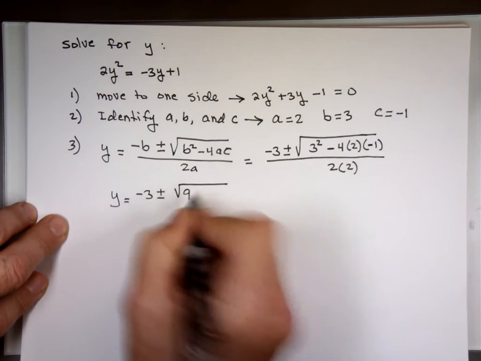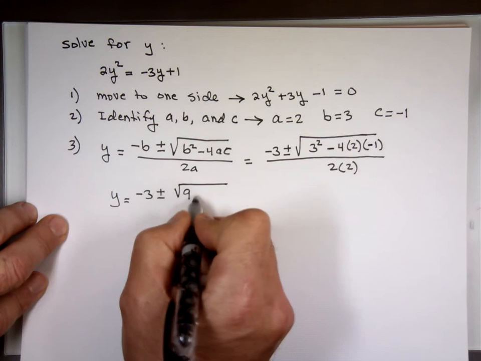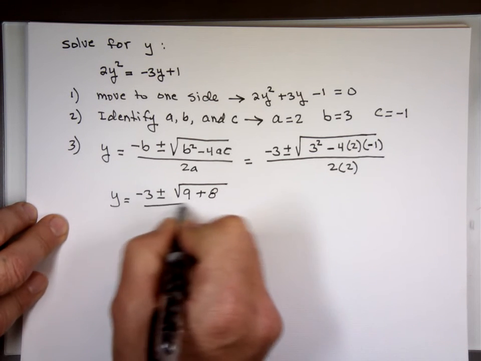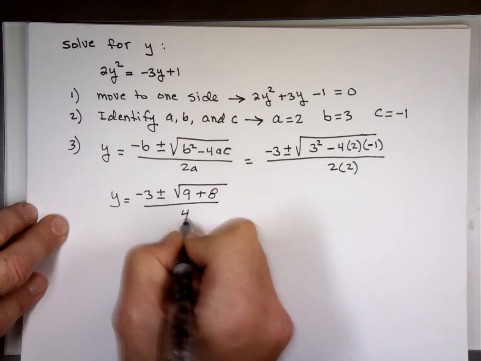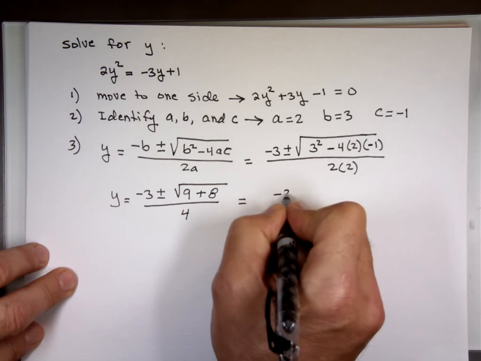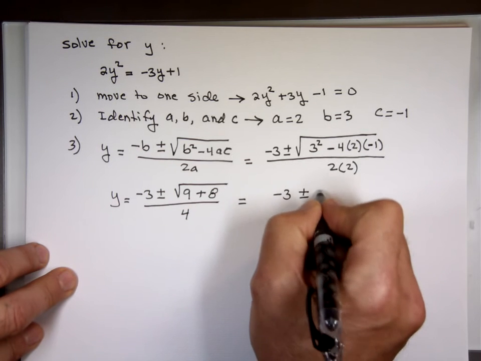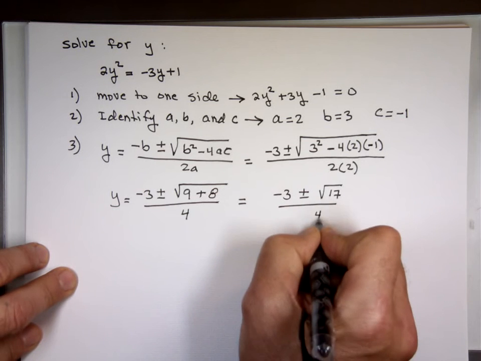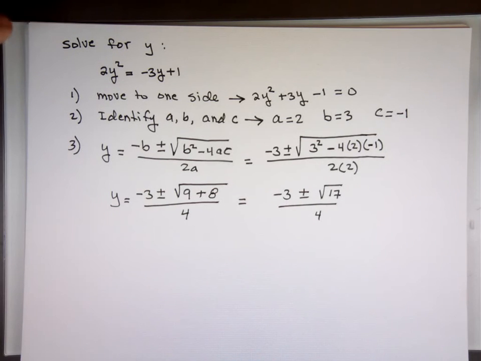Nine, 4 times 2, that's 8, over 4. Negative 3 plus or minus the square root of 17 over 4. And I really can't simplify the square root of 17.